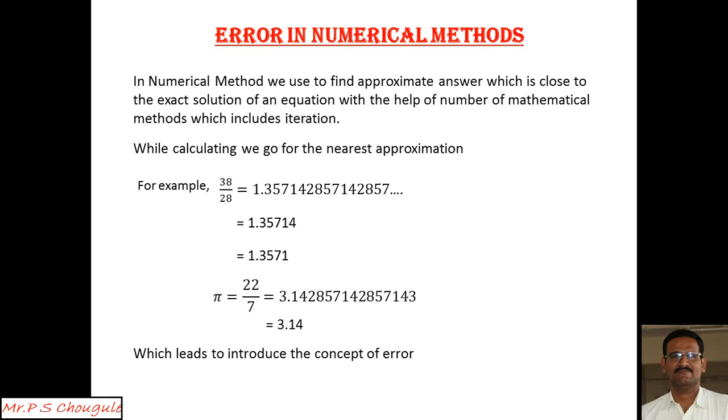It means the exact solution is somewhat different, and we are concluding the answer with an approximate value. The error is equal to the true value, meaning the exact solution, minus the estimated value which we have extracted.